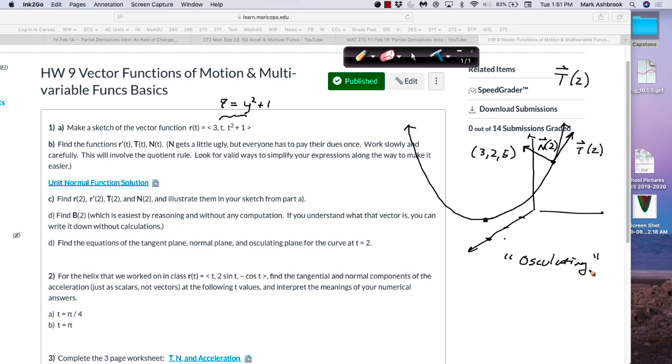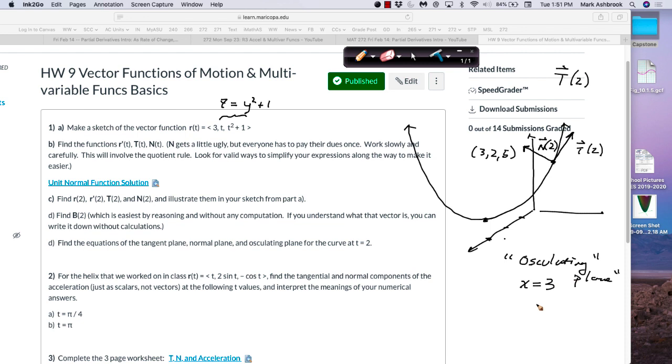So B is the unit vector orthogonal to the osculating plane. In this case the plane is x equals 3, always. No matter what point you're at, the curve is always in the plane x equals 3.